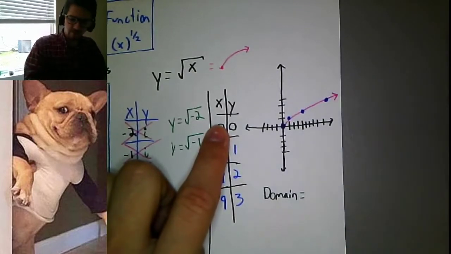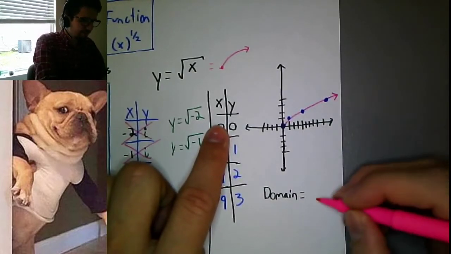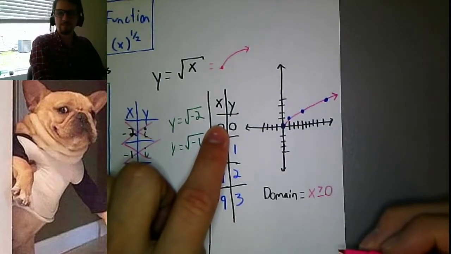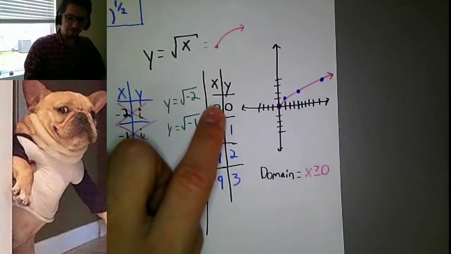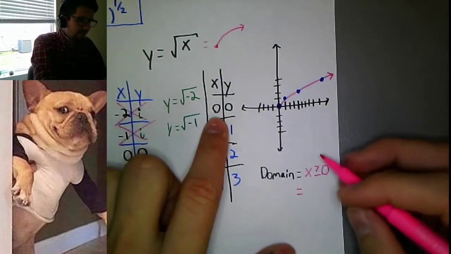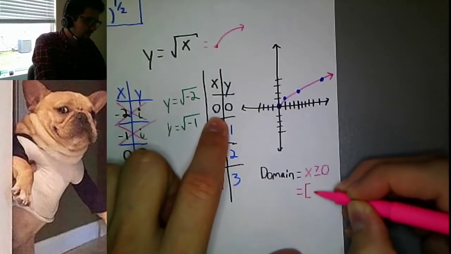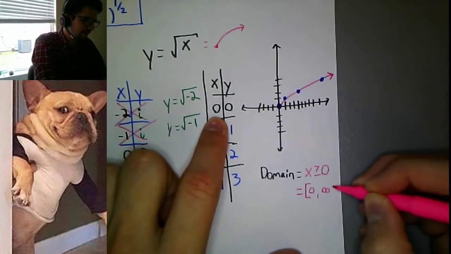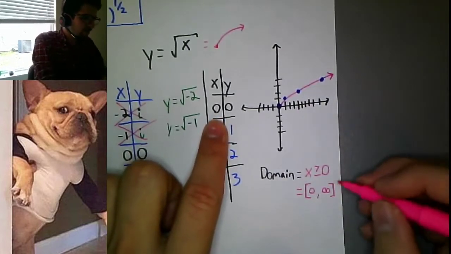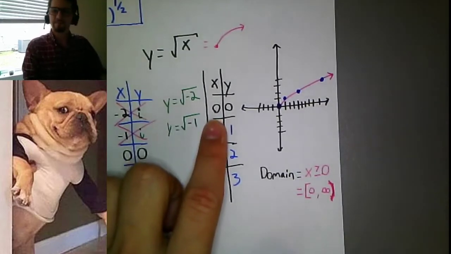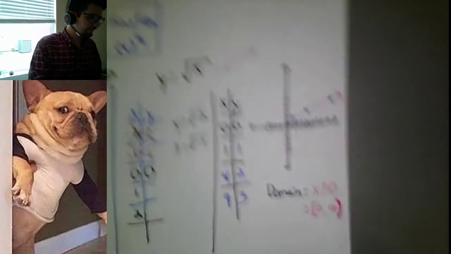So for some of you guys, the way you'll write it is x is greater than or equal to 0, because it can't go lower than 0. For you other guys, you would write it starts at 0, and it goes all the way to positive infinity. Depending on your class, you're going to write this slightly differently, but you know who you are. All right.